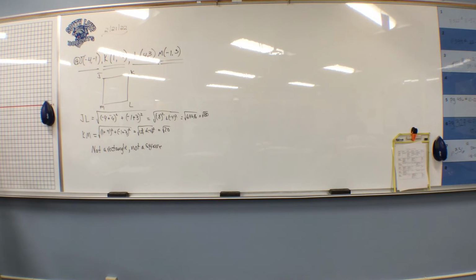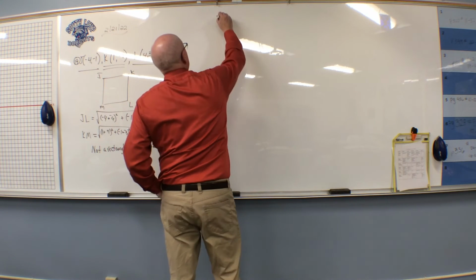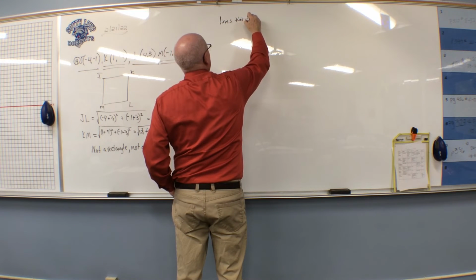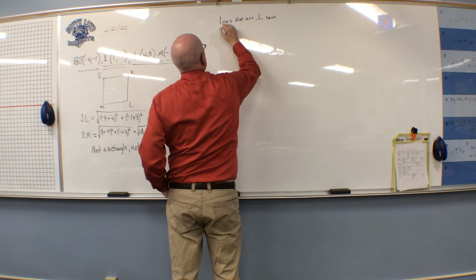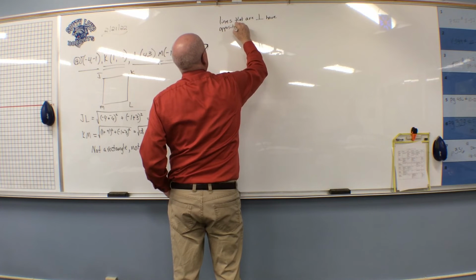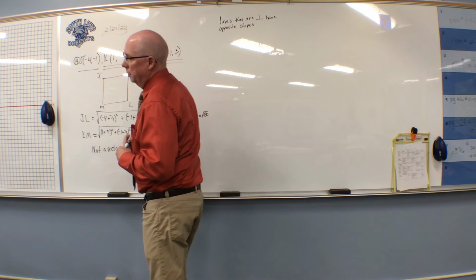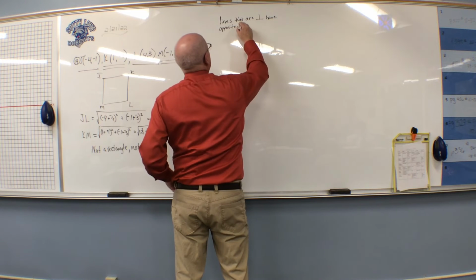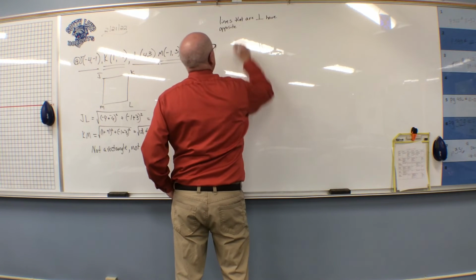All right, here's the kicker. Here's the one we haven't talked about. We're going to talk about slope. Lines that are perpendicular have opposite reciprocal slopes.